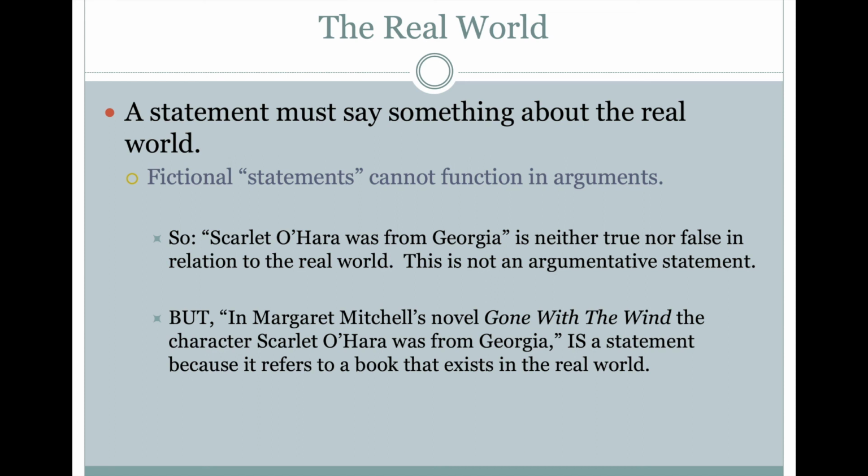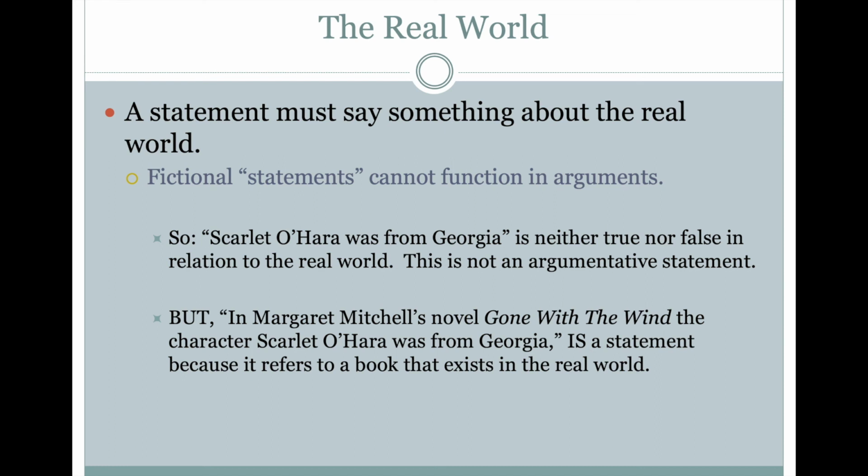Scarlett O'Hara was from Georgia can't function as evidence, for instance, because it makes no reference to anything in the real world. Scarlett O'Hara was a fictional character. But if I say, in Margaret Mitchell's novel, Gone with the Wind, the character Scarlett O'Hara was from Georgia, that is a statement because it refers to a book that exists in the real world. Margaret Mitchell was a real person. Gone with the Wind was a book she wrote.